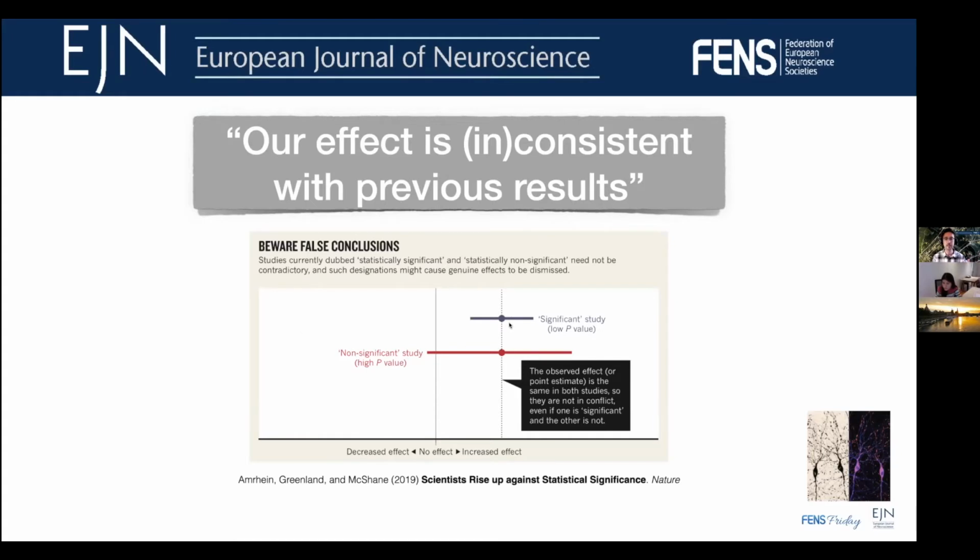So you can be in a very silly situation where you have two studies with the same estimate, but one is quite noisy, so it's not statistically significant, and the other is statistically significant, but the values are the same. In that case, it would be really useful to have graphical summaries with some measures of uncertainty, or you could superimpose results from previous studies onto the graph of your own results, for instance.